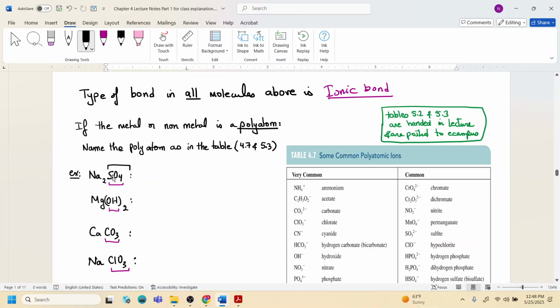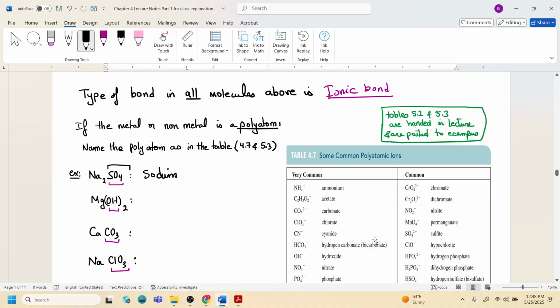The polyatom is not just in the non-metal part, it can also be in the metal part. I'll give an example on that. Over here I have a case of a metal, which is sodium, so I just name it sodium. Then look for the name of the polyatom in the table and write it down.